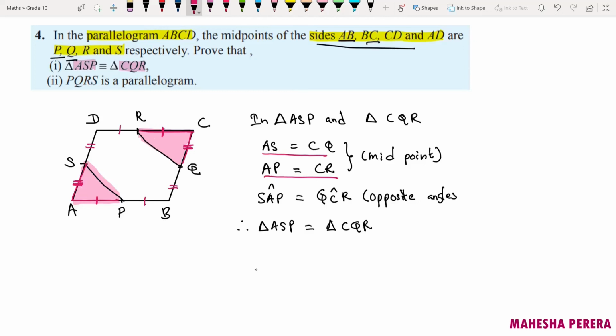Then, if you consider this angle and this angle, they should be equal. Why? Opposite angles of a parallelogram are equal. So this angle is ASP, and this angle is QCR or RCQ. You should write the reason as opposite angles of a parallelogram are equal.